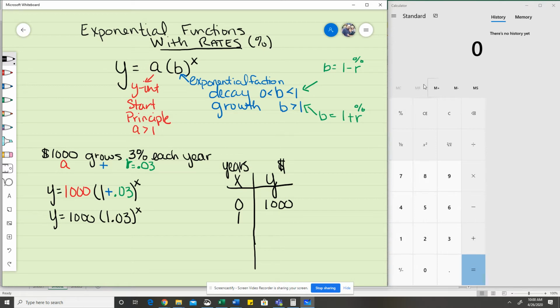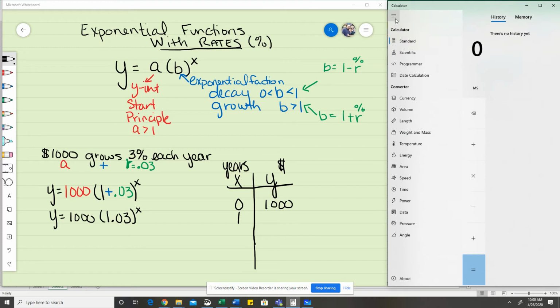If you go to the calculator in your phone or your computer and pull that up, it normally comes up to the standard 4-function calculator. On the computer, if you come up to where you have the 3 lines next to where it says standard, you can go change it to scientific.